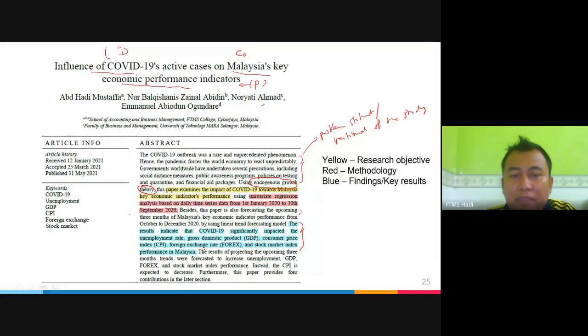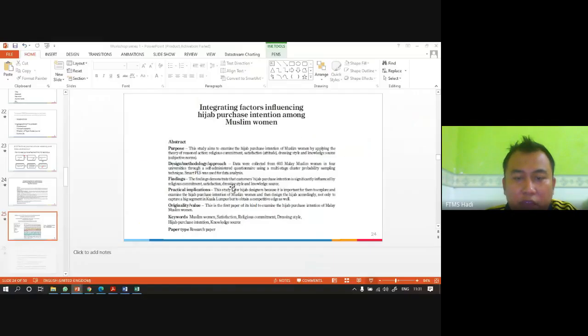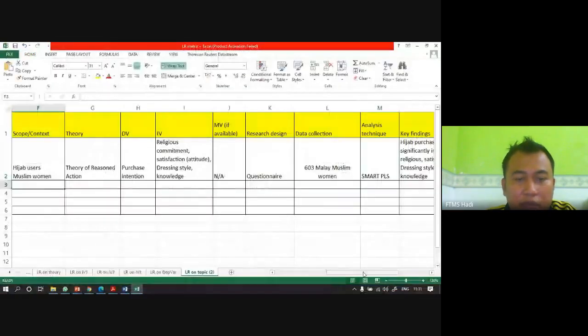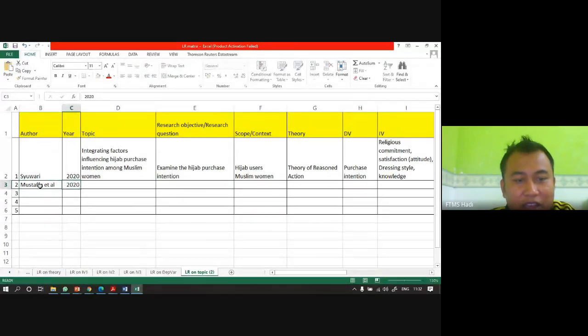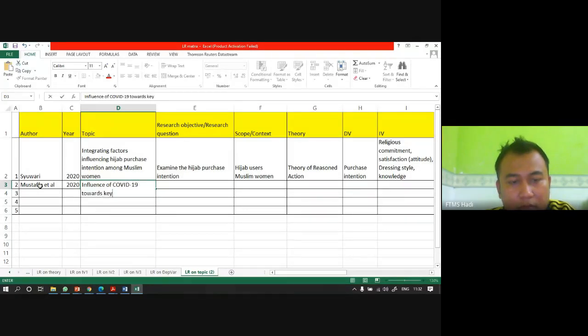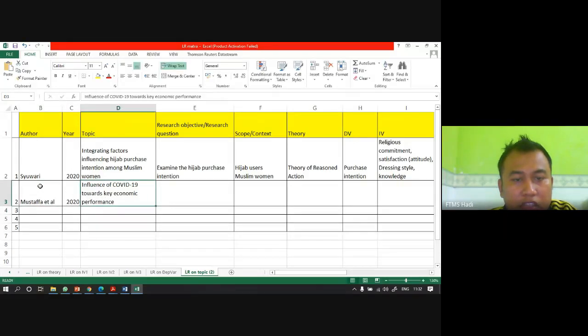Okay, so if I put it this way, let's say I'm looking at it this way. Let's say, Mustafa et al. 2020. Okay, influence of COVID-19. So research question, examine the impact of.